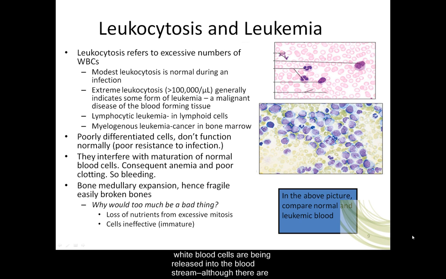Although there are greater numbers of white blood cells, they are not functional white blood cells and do not confer immunity to invading microbes. Rather, they are abnormal and released in an immature state. So, although great in number, they are poorly differentiated and therefore useless.